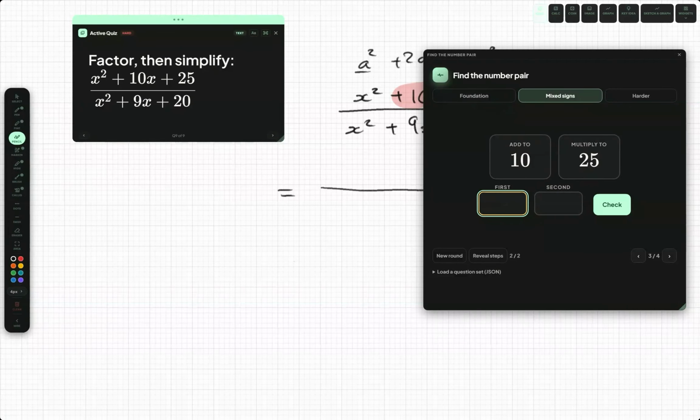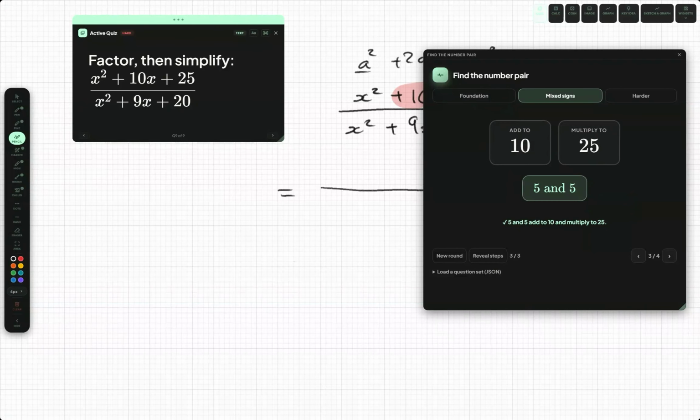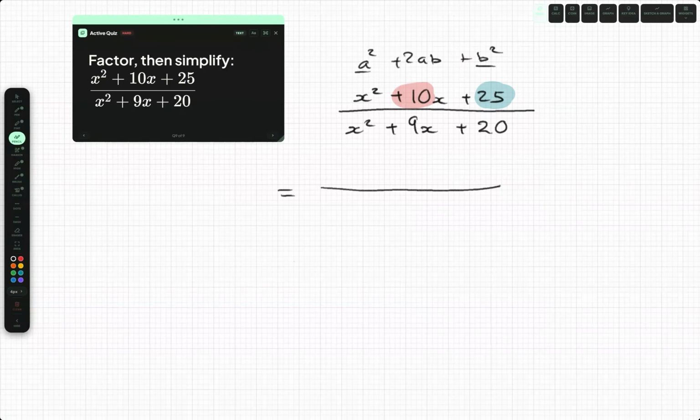So if I do 5 and 5, when I add them together, I will get 10, and when I multiply them together, I will get 25. And because of that, I have got a perfect square again. It's going to be x plus 5 times x plus 5, which means we just end up with x plus 5 squared. But it's useful to keep it as x plus 5 times x plus 5.